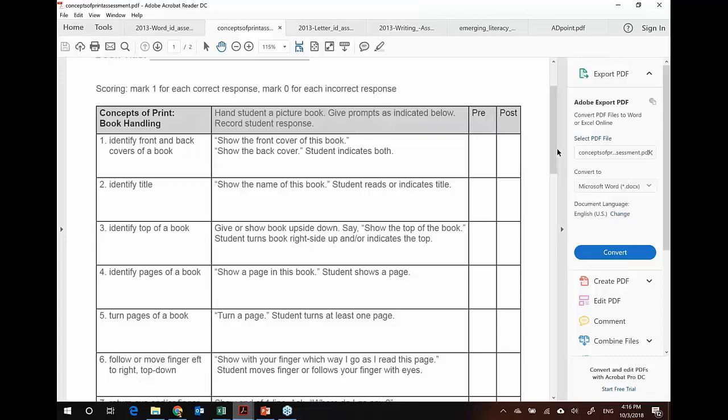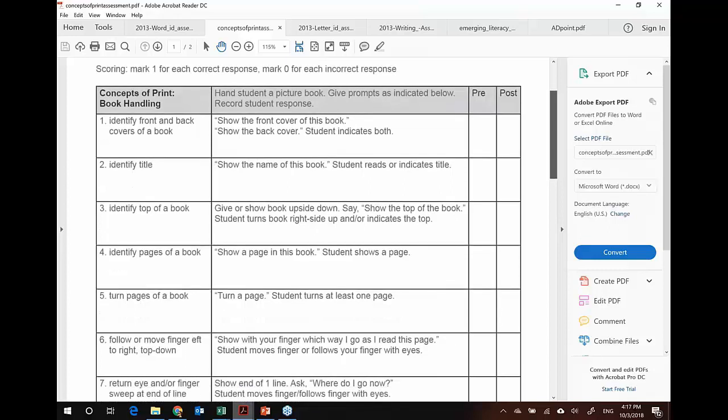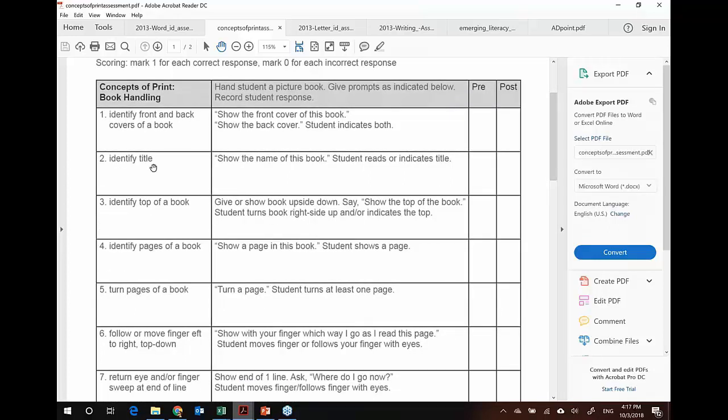So on page 1, you'll see all of the concepts of print book handling skills listed in the furthest left column, and then instructions for the teacher to give prompts to the student to indicate that they are able to perform that particular skill. So identify front and back covers of a book, and so the teacher would say, show the front cover of this book, show the back cover, and so on.